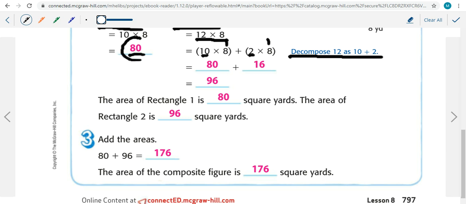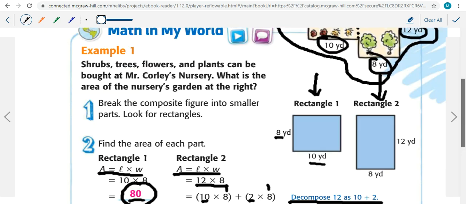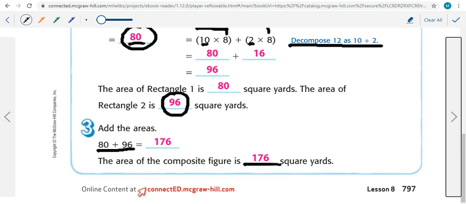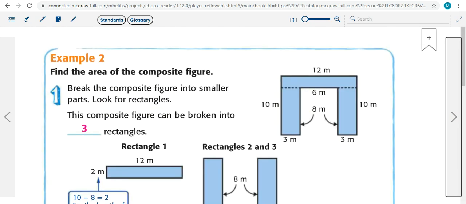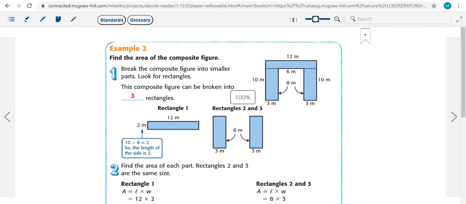The area of one rectangle is 80 and the area of rectangle number 2 is 96. To find the area of the whole backyard, we are going to add 80 plus 96. The area of the composite figure is 176.